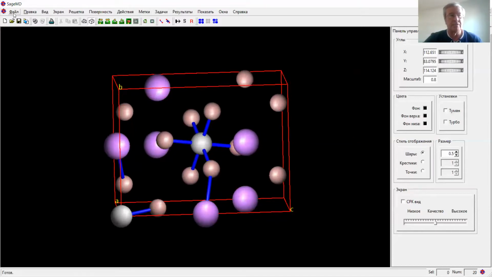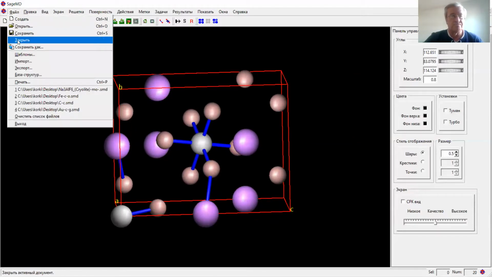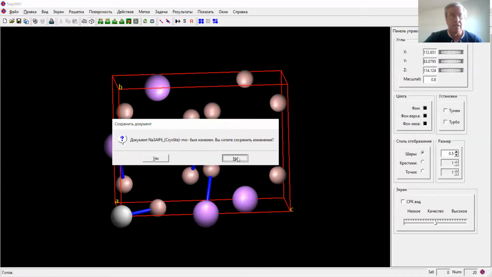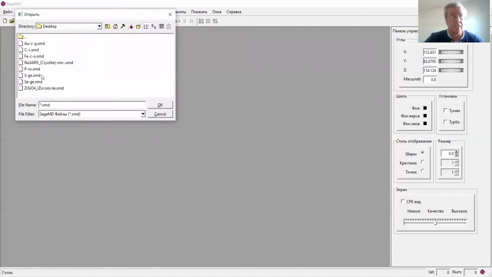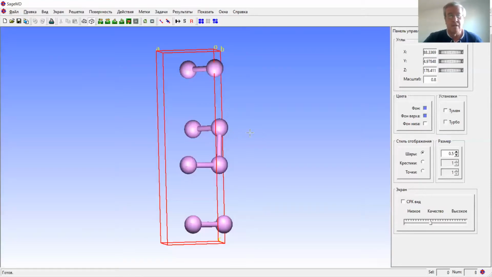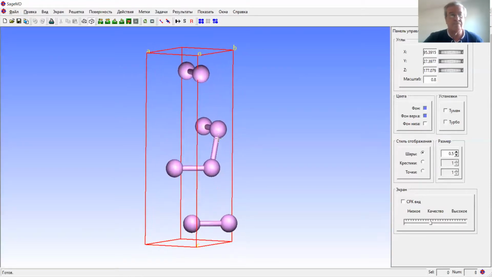That's another example. So let's go and see one more example. In this case, it would be black phosphorus.